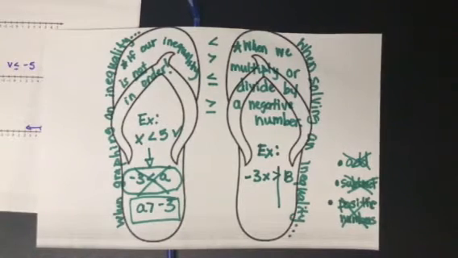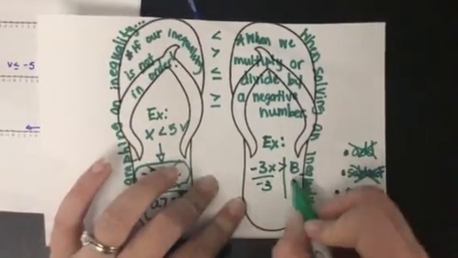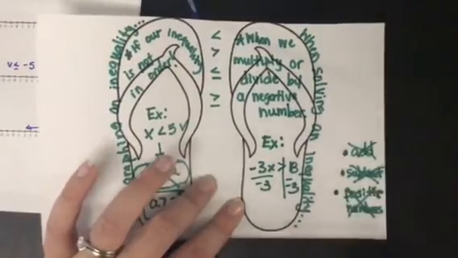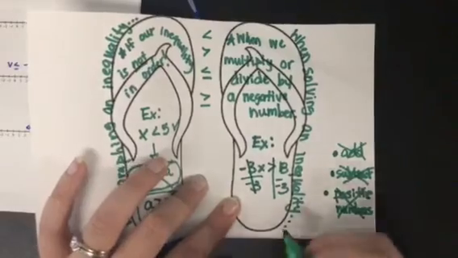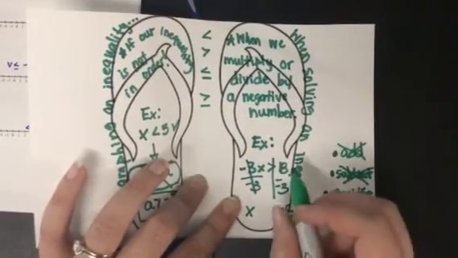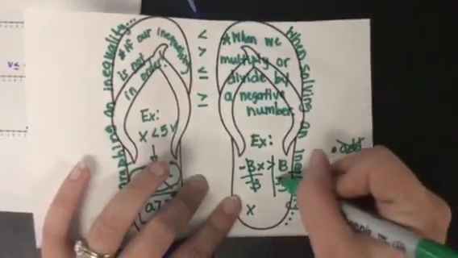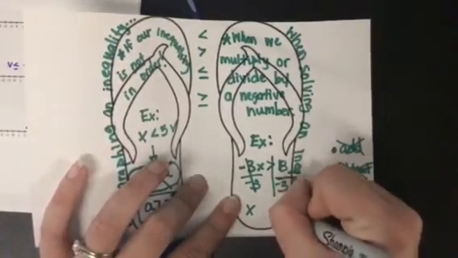How would I undo this negative 3? Divide by negative 3. Okay? These are still going to cancel. That didn't change. I still bring down my variable. I still solve 18 divided by negative 3, which is negative 6.